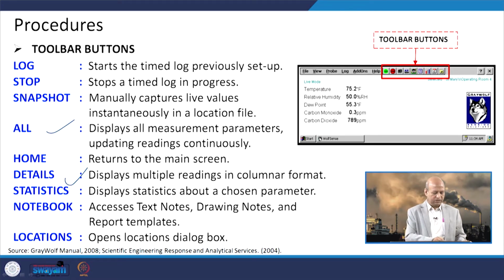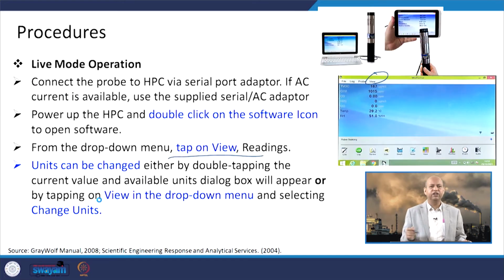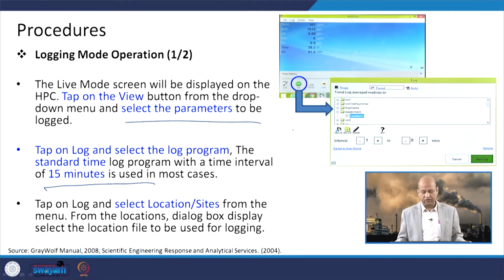So, all these statistics, notebook, locations, they have their own functioning which we can look into. Then this live mode operation is there, and through serial port adapter we use either AC current or battery operation is also possible. Then we can use this tap on view button readings, and those units can also be changed depending upon what kind of unit we need the values in.